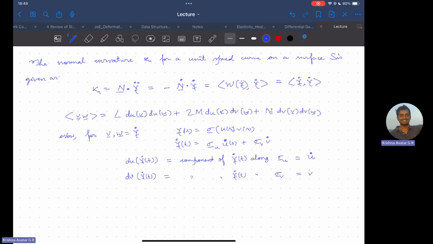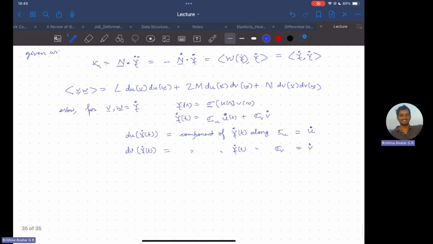This is nothing but v dot, right? So which means that the specially constructed inner product is given as L, where L, M, N are the coefficients of the second fundamental form.